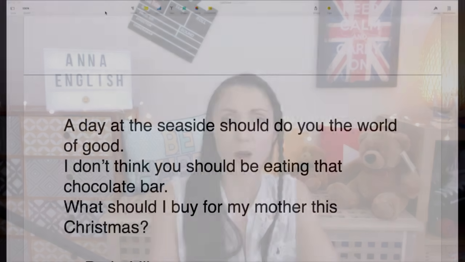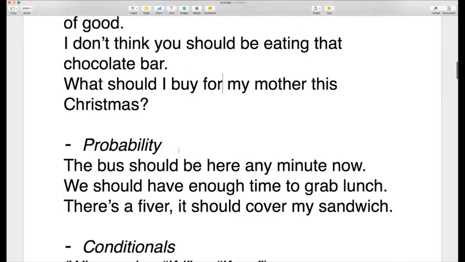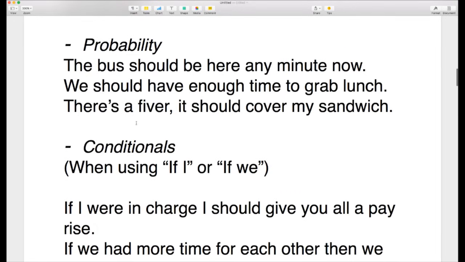So we've talked about obligation and we've talked about opinion and advice. And now we're going to talk about the word should when we're talking about probability. What is probably going to happen? So we think it will happen, it's very likely to happen, and so we're going to use should. I might say to you, we're waiting for the bus and it's cold, and I say, the bus should be here any minute now.